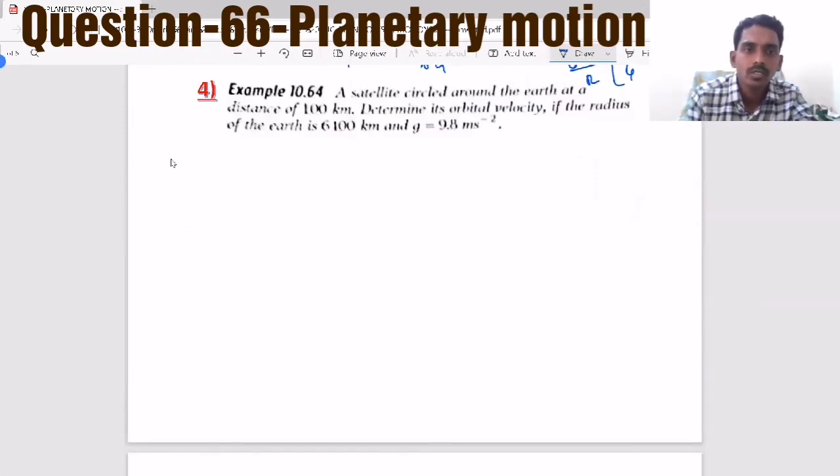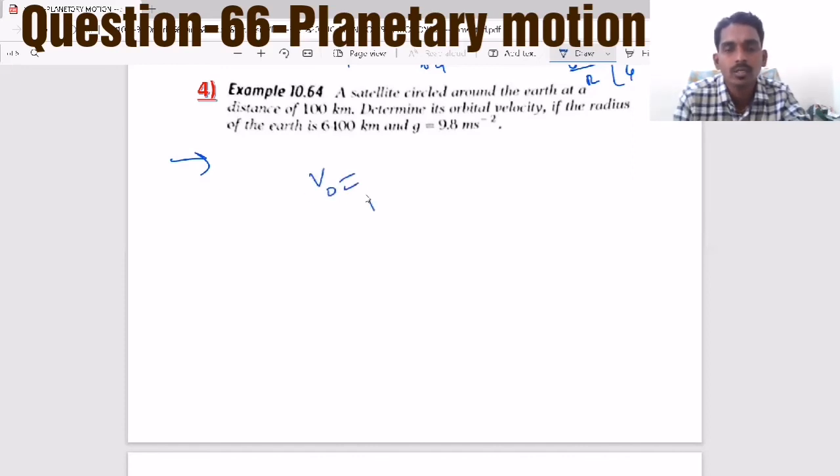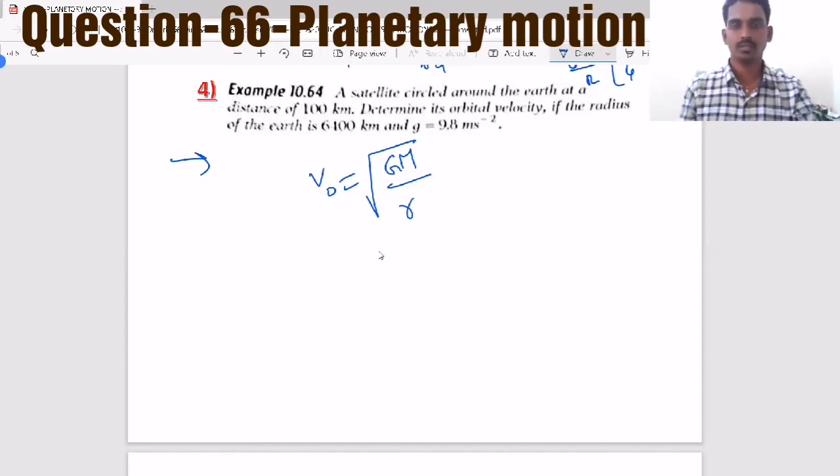Now, the next question is, a satellite circles around the Earth at a distance of 100 km. Determine its orbital speed. The radius of Earth is given. So it is a direct question: v naught is under root GM by r. The M value they have not given, so you can take GM as g r square.